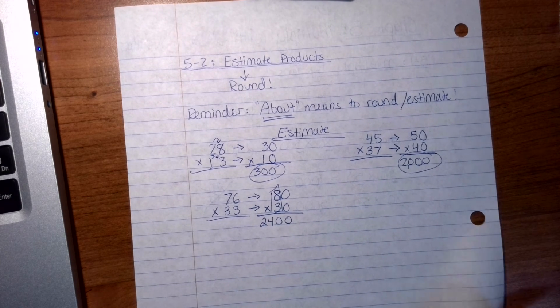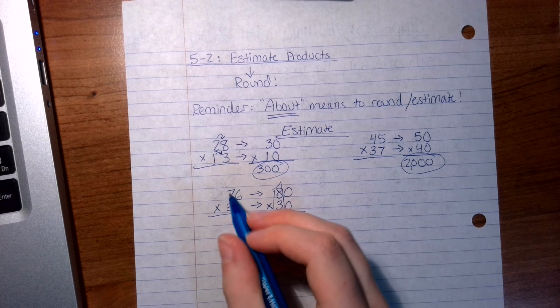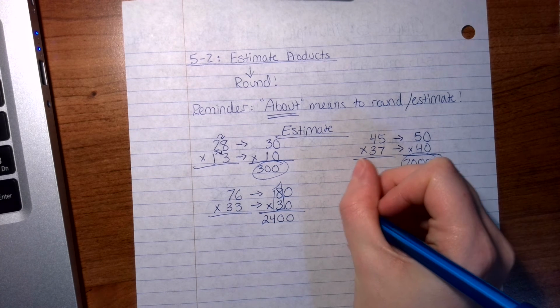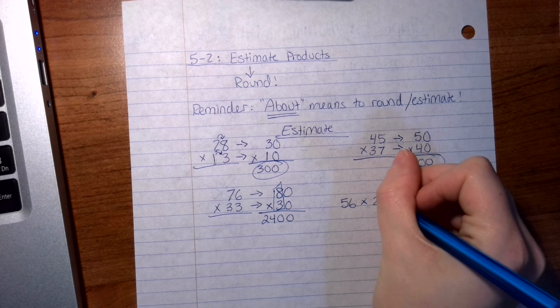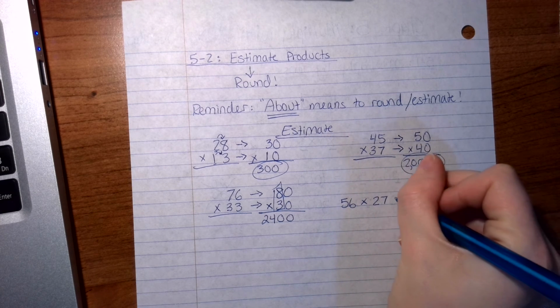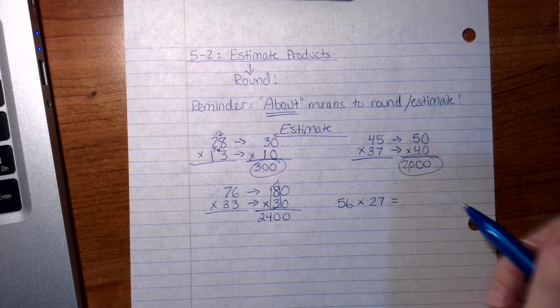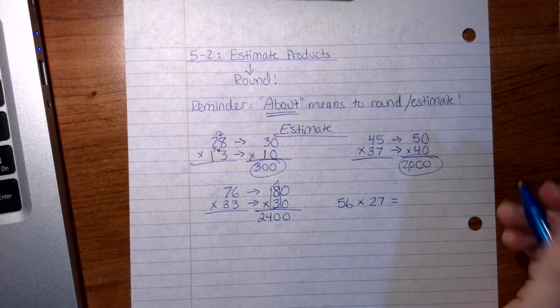You might also see these problems written horizontally. So instead of written stacked, you might see it written like 56 times 27. Okay, and in this case, I can either keep going horizontally, I could draw arrows down, whatever you're most comfortable with.